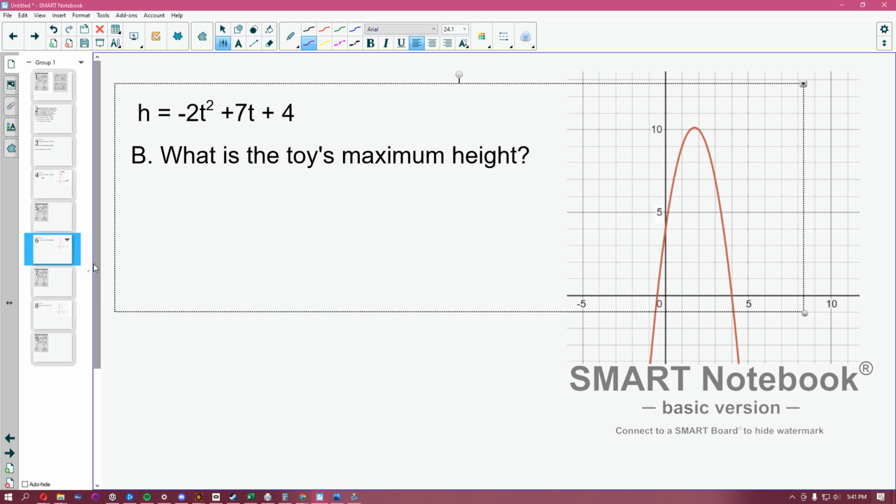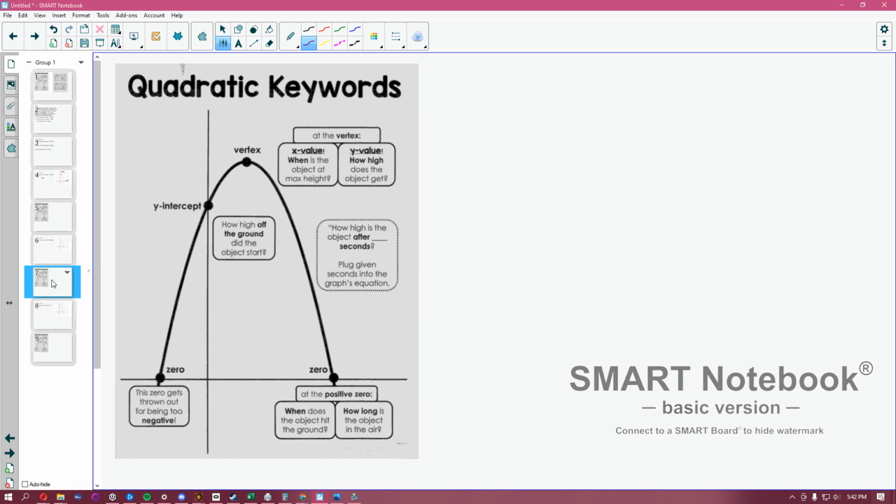Now the next question is, what is the max height of the toy? Now for this one, we're going to look at where the max height of our quadratic is, which is at the vertex. So our vertex is when the object is at its max height. Our x value tells us when we're at the max height. The y value tells us how high, or what our max height is.